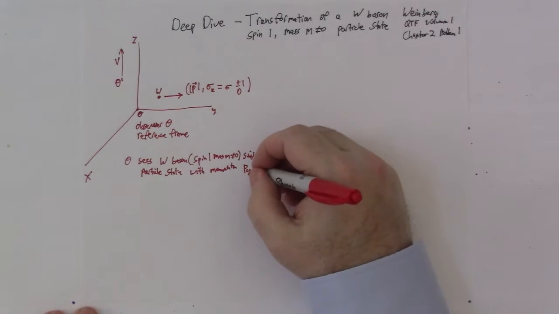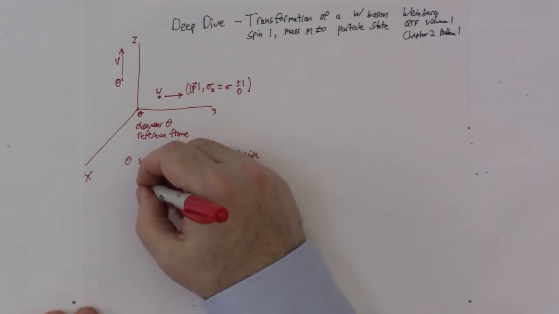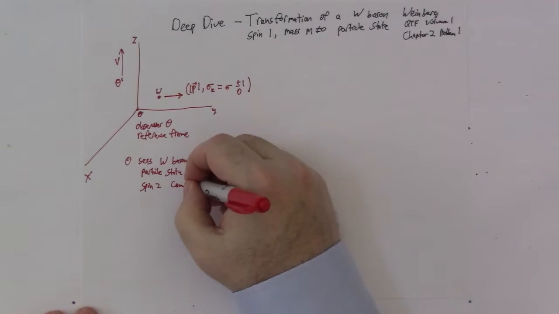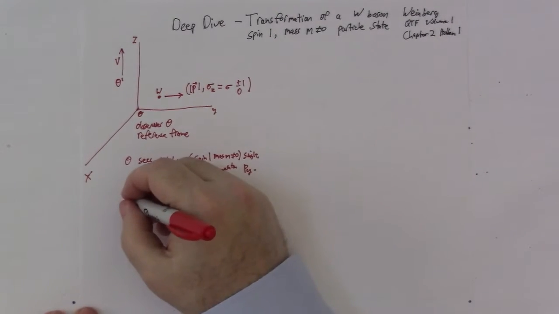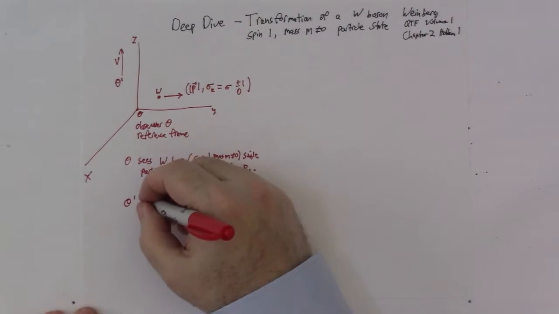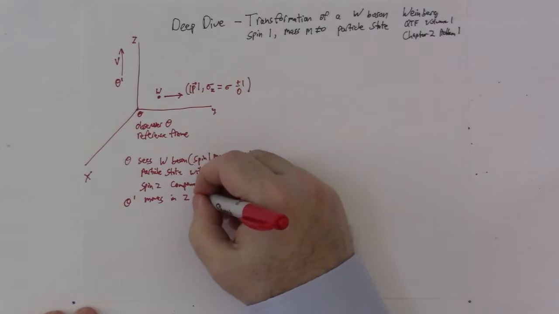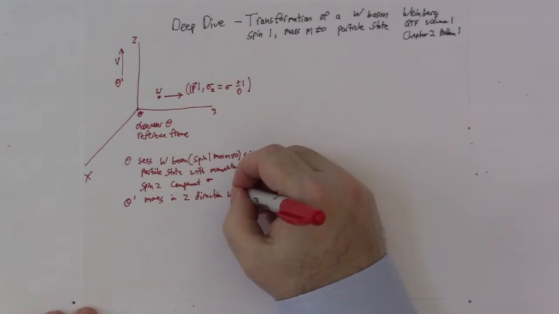It's the only component that's non-zero, and it has a spin z component, as I said, sigma. O prime moves in the z direction with velocity v.